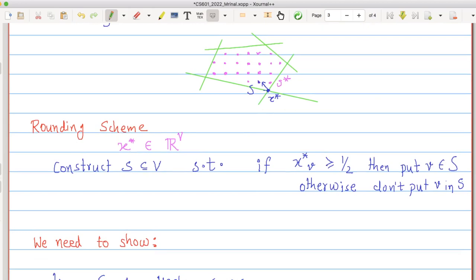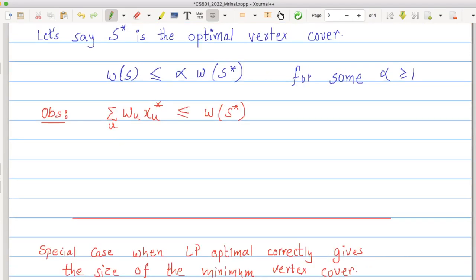The proof is simply this: consider the vector X S star, which is 1 when U is in S star and 0 when U is not in S star.